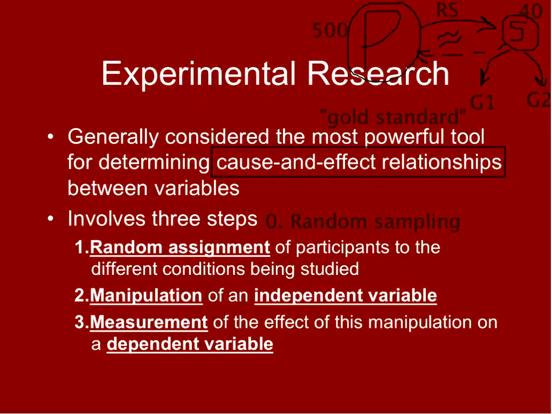So I've got group 1 and group 2 who are now part of my study. And I've got maybe about 20 students or so in each of those. Well, when I take my random sample and use a random procedure to divvy them up into those groups, that's random assignment. Okay? So random assignment is a procedure where I let chance decide who ends up in group 1, group 2, group 3, whatever.